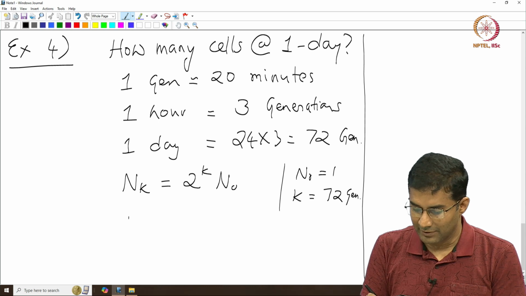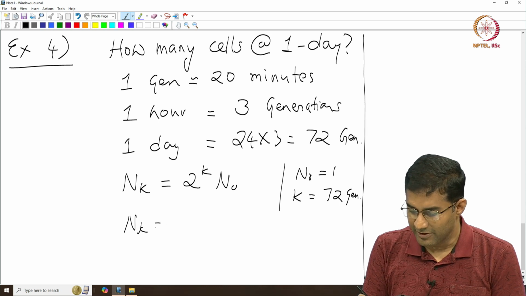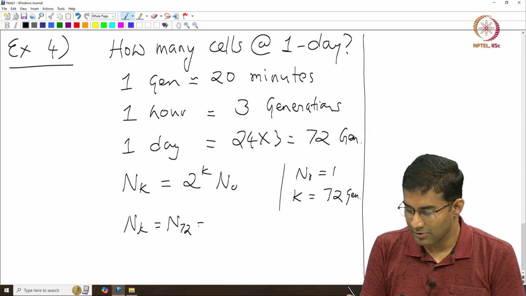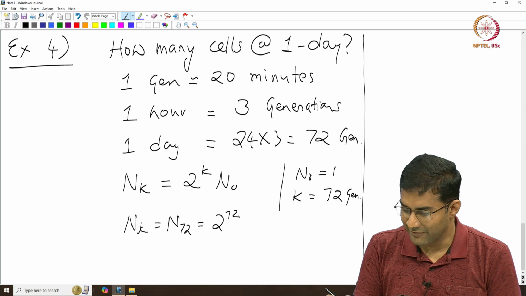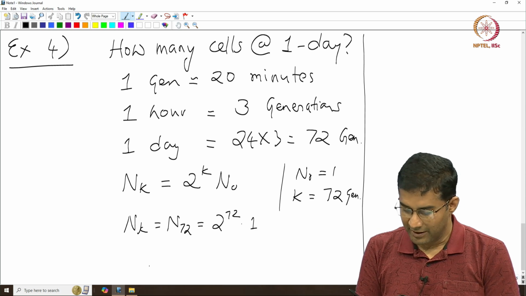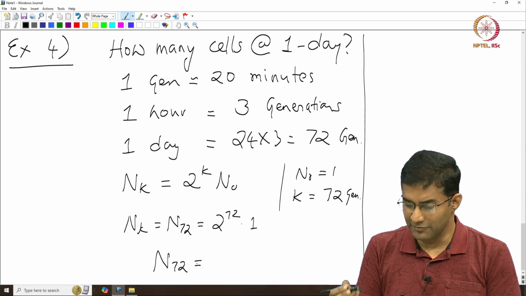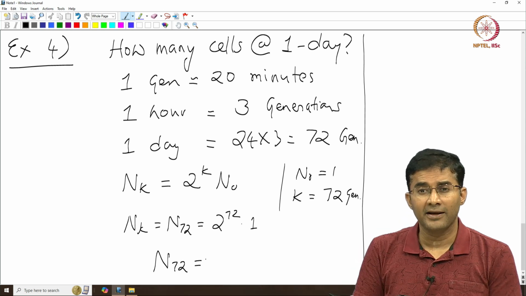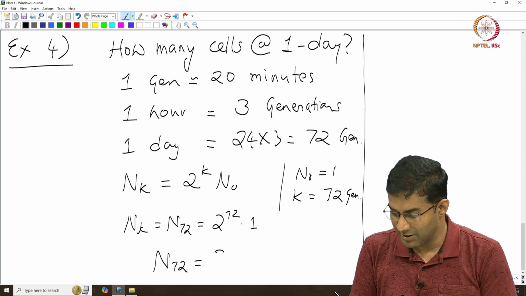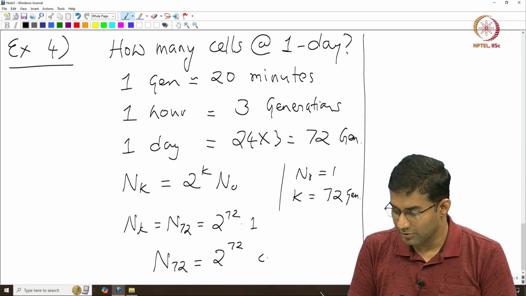So we will have nk is equal to n72 is equal to 2 power 72 times 1. In other words, the population size at the end of 1 day, or 72 generations, would be 2 power 72 cells.